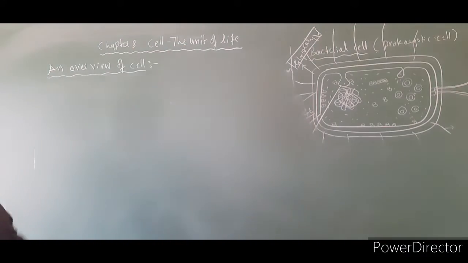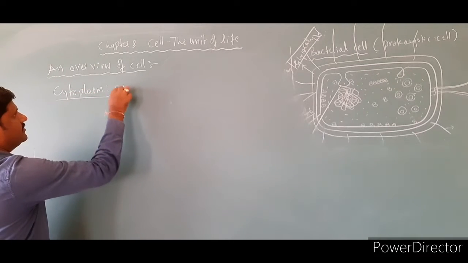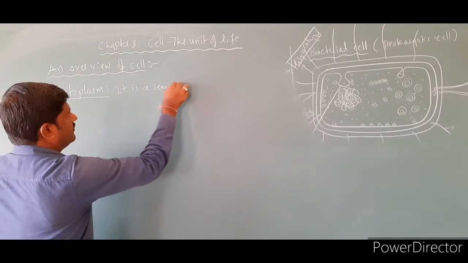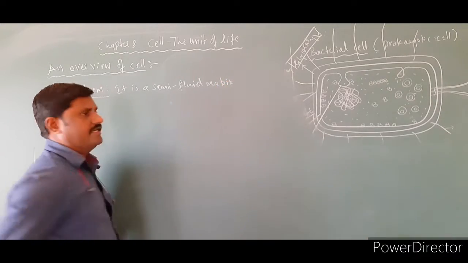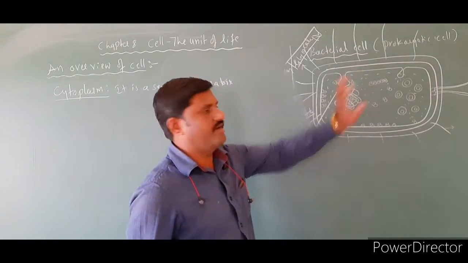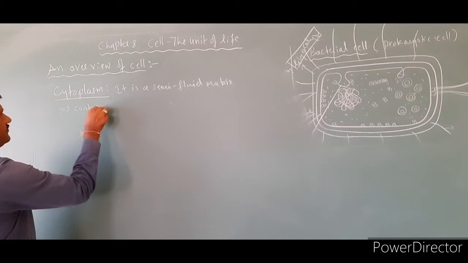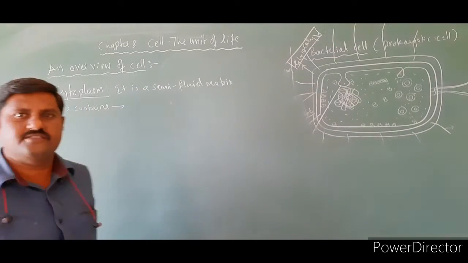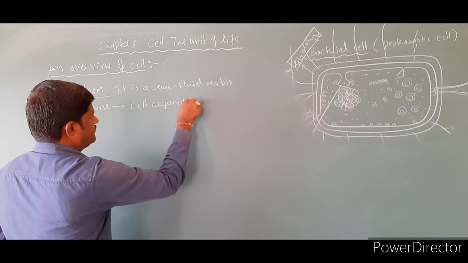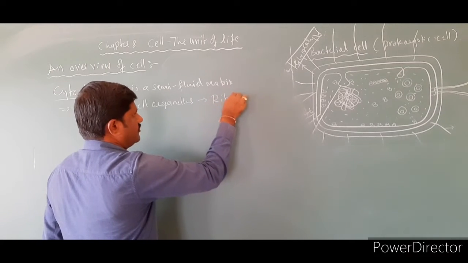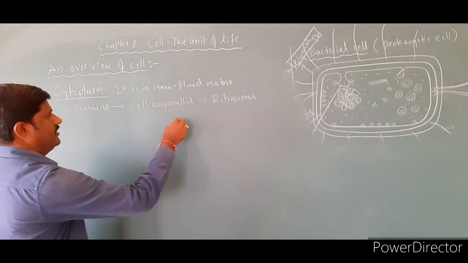Cytoplasm is a semi-fluid matrix lying inside the plasma membrane that contains many cell organelles like ribosomes, and one more important structure that we come across here.